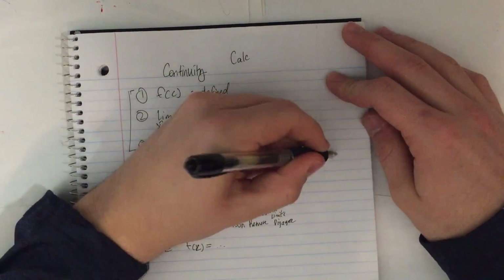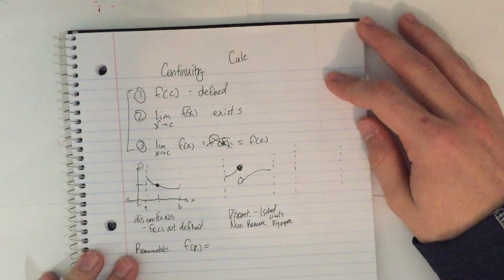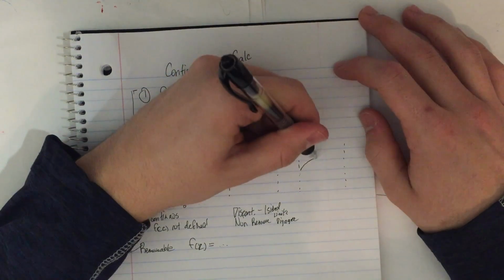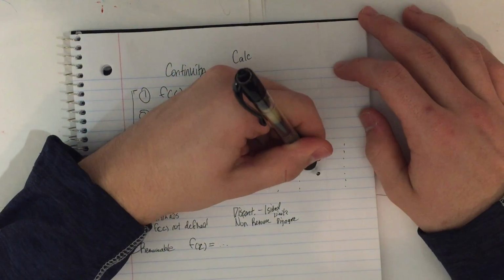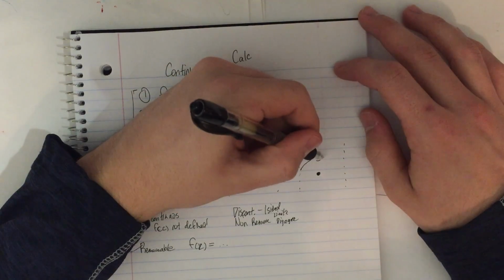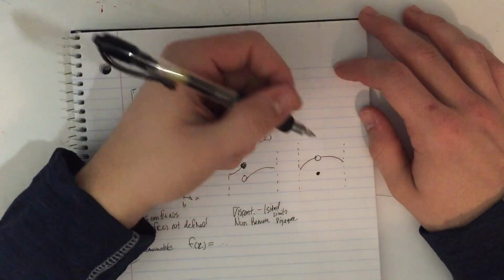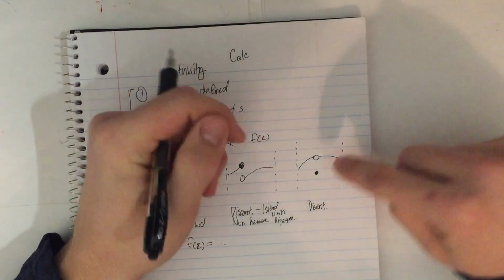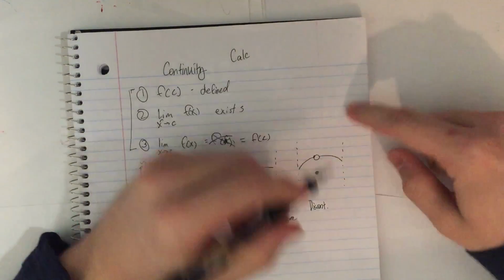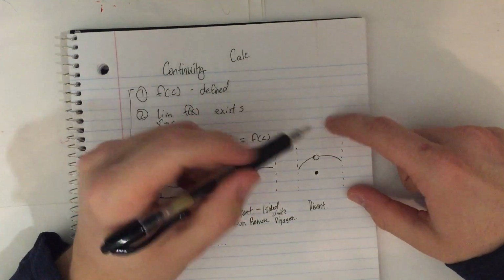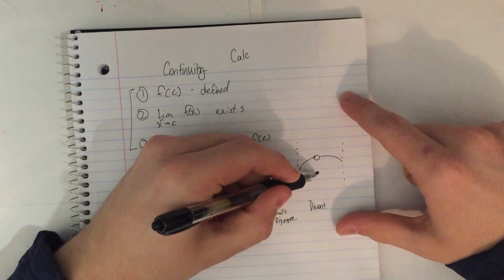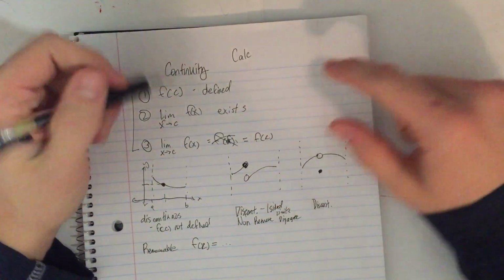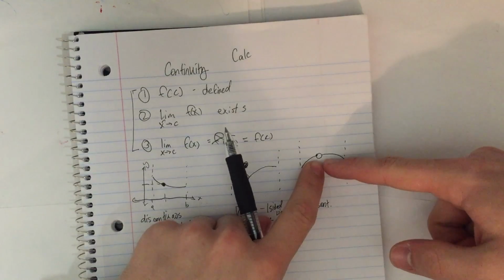And then a last case would be this case right here. So we have a hole, but it's defined somewhere else, and it continues on. So it's discontinuous because it's not defined there. It is defined down there. The limits agree because the limits are coming in on each side.